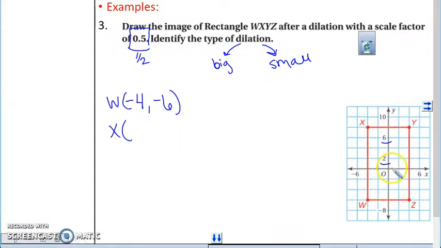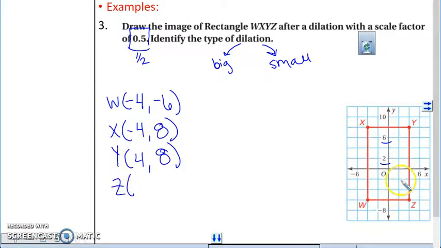X goes left 4, up 8. Y goes right 4, up 8, because it's the same distance as X. And Z goes right 4, down 6. There we go.